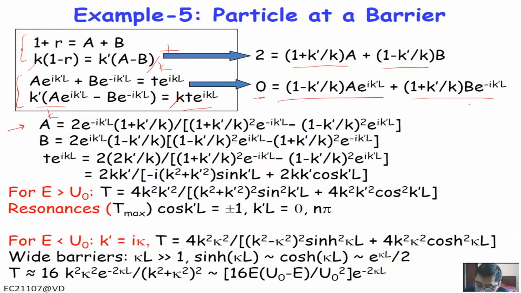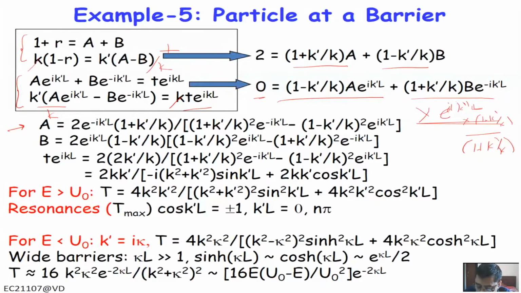You can multiply the second equation by e to the power iota k prime l, and 1 minus k prime by k divided by 1 plus k prime by k, right? So these two coefficients become the same, right?